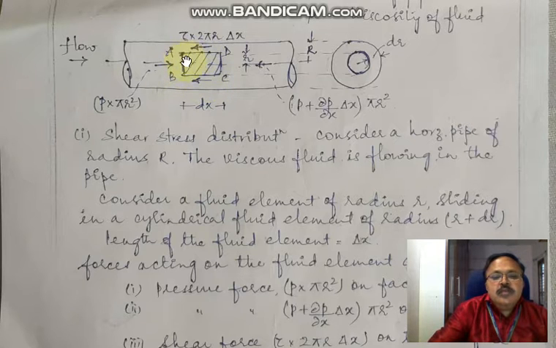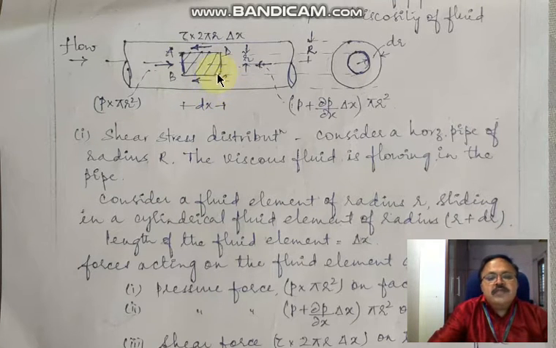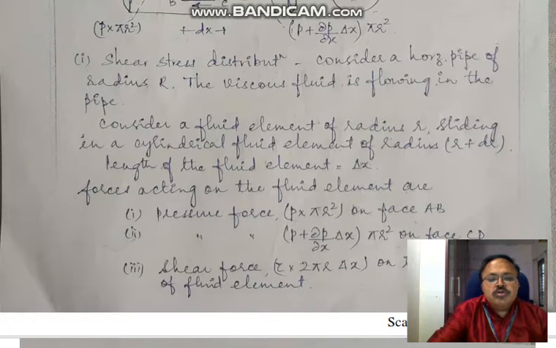The perimeter of the fluid element is 2 pi r, having the length dx. So the area of the element is 2 pi r into dx, into shear stress, because stress is equal to force by area, so force is equal to stress into area. So the three forces acting on the fluid element are shown here.